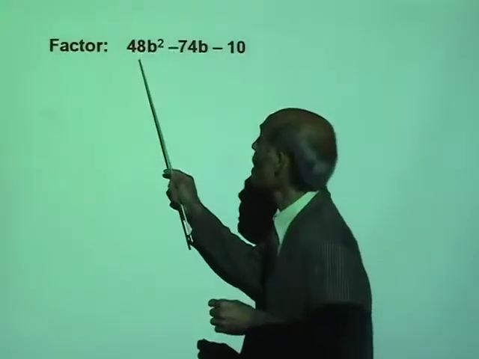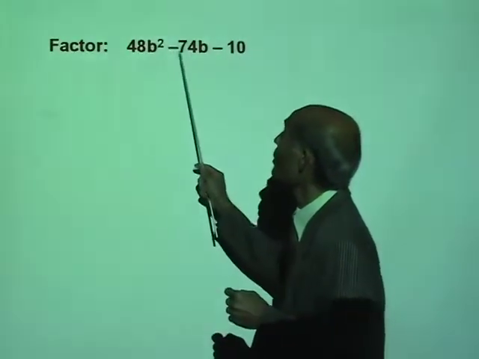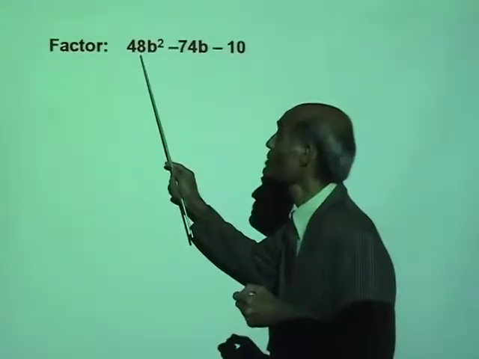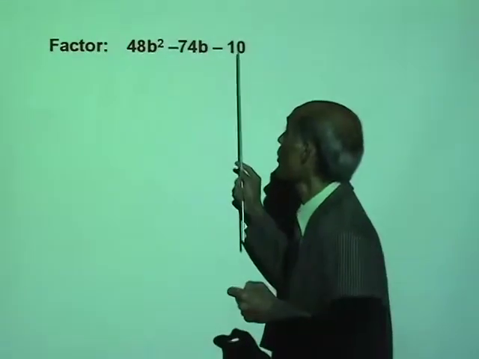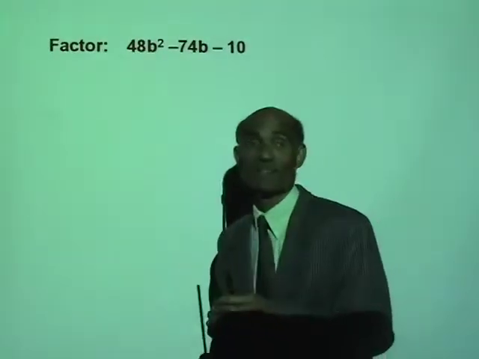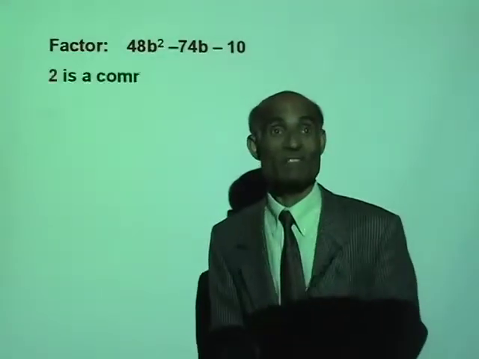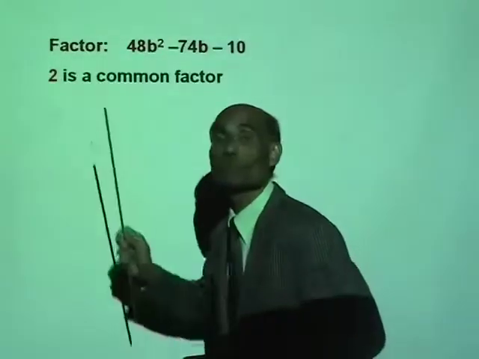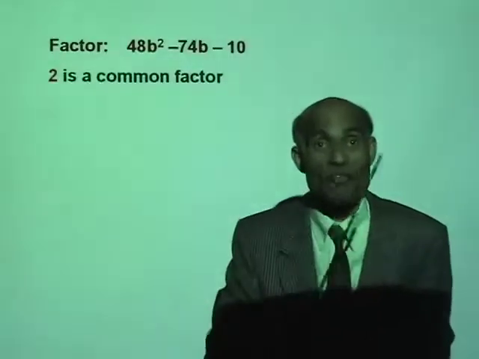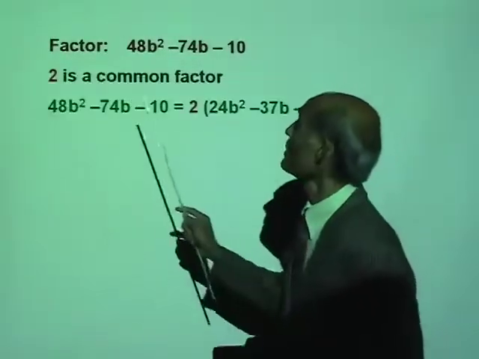Is there a common factor you can find in all these three terms? Look at the numbers, 48, 74 and 10. Is there a common factor for those three terms? Yes, indeed. What is that common factor? 2. So first of all, factor that 2 out.